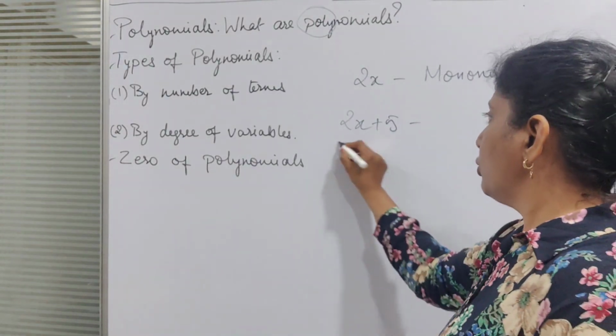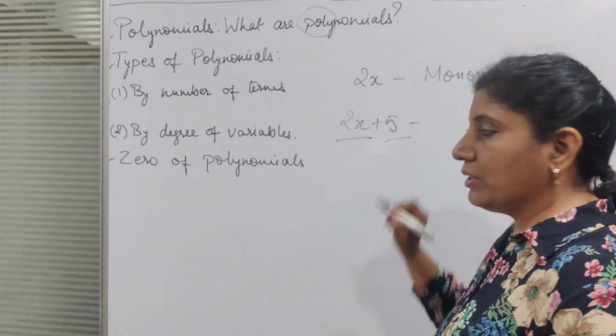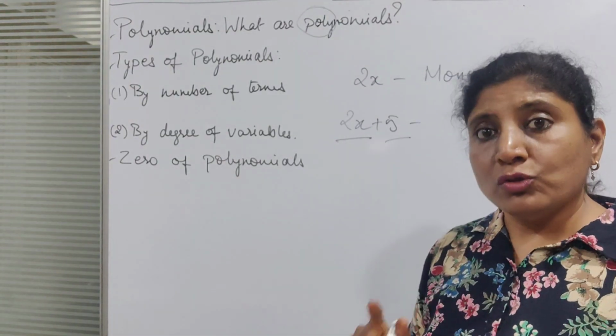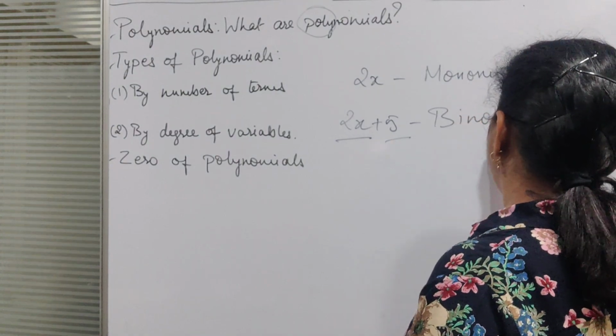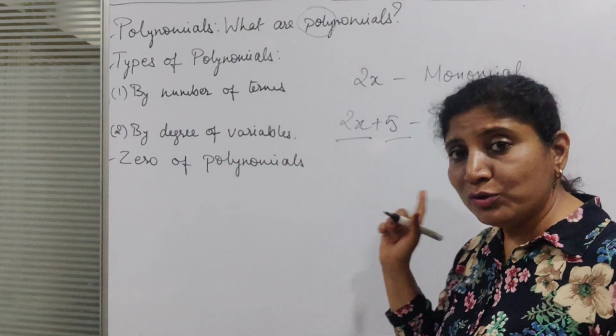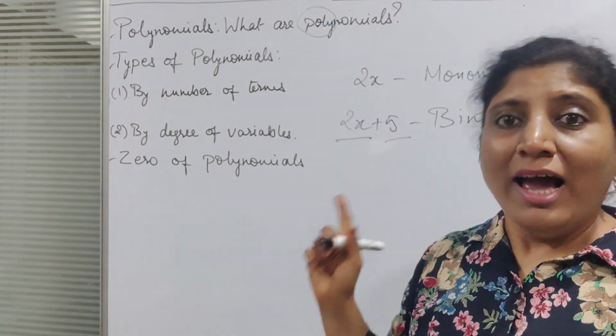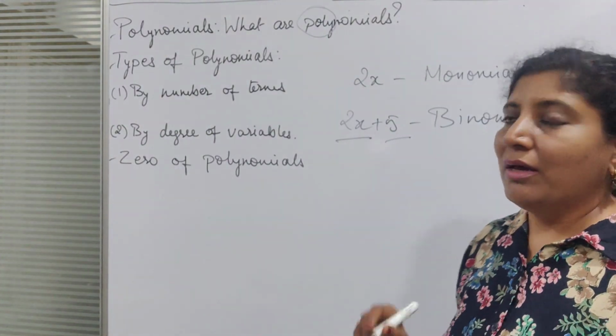There are two terms. 2x is one term, 5 is other term, right? So such a polynomial is called binomial. Now this is also called as polynomial and binomial both, right?